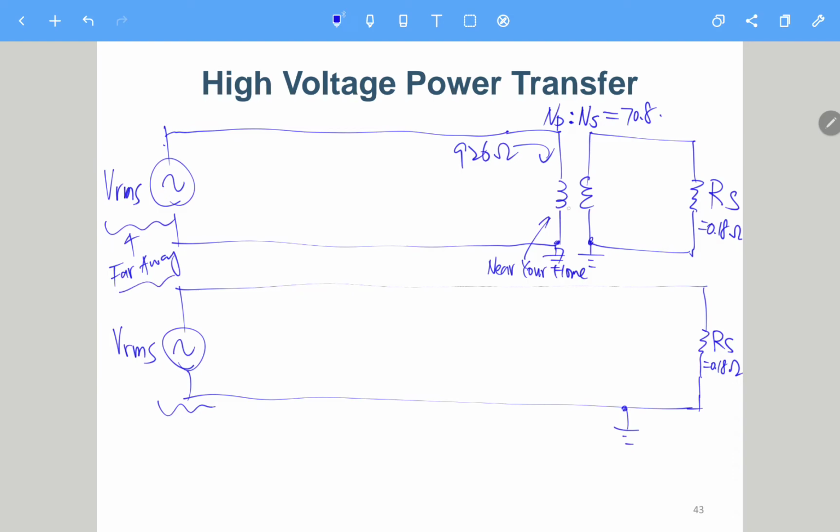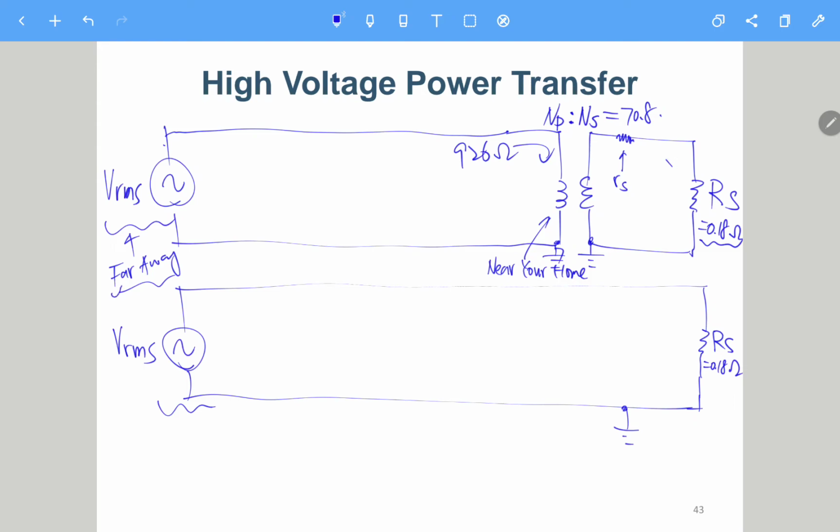If it is close to your home, then hopefully the impedance inside could be small, so that if it is in series with this RS, this R is comparable to this one.